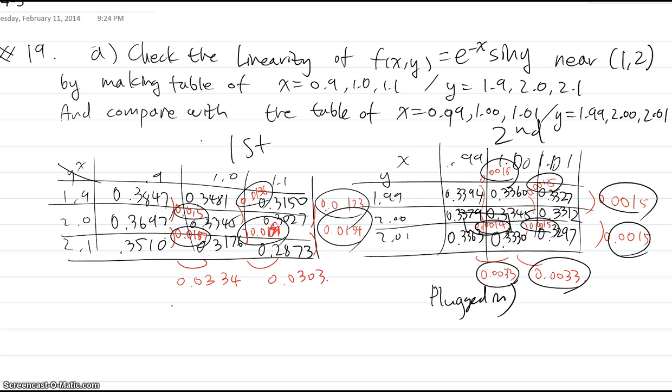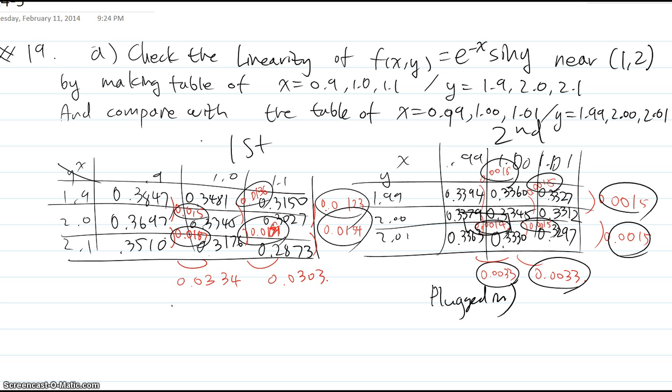Therefore I can conclude that the second one, the right table, is more linear than the first one. By linear I mean it looks more like a line than an exponential function whose slope changes.